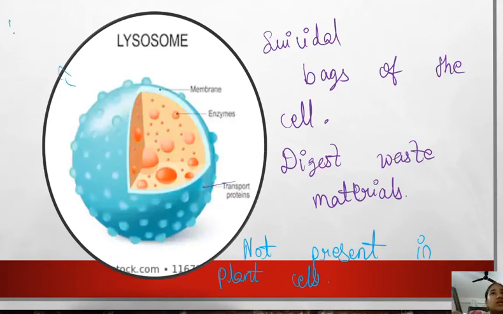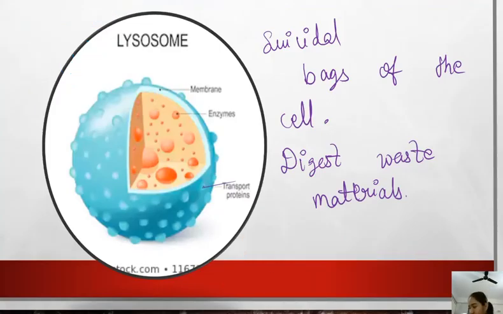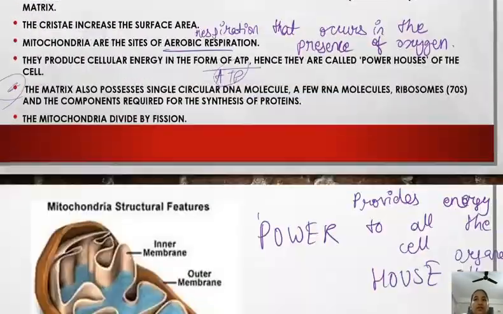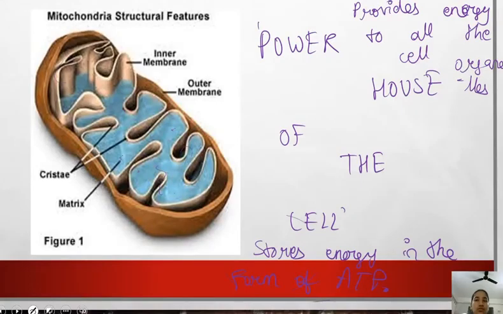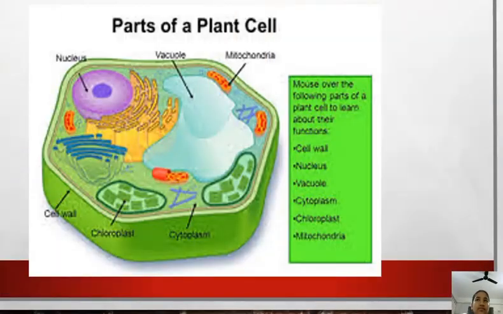Present only in animal cells. So that's why the vacuoles in plant cells also do the work of storage of excretory product, because the plants don't have these lysosomes. These are only present in the animal cells. So this was what I wanted to just show you.